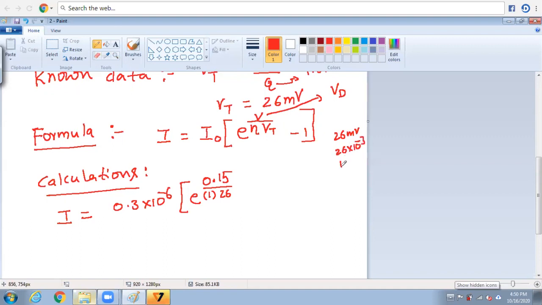If it is 1 by 26 millivolts, then we write 10 to the power of 3.